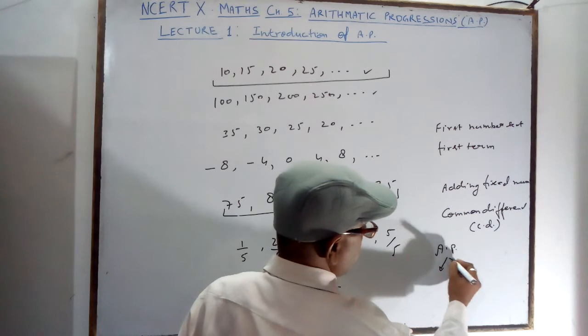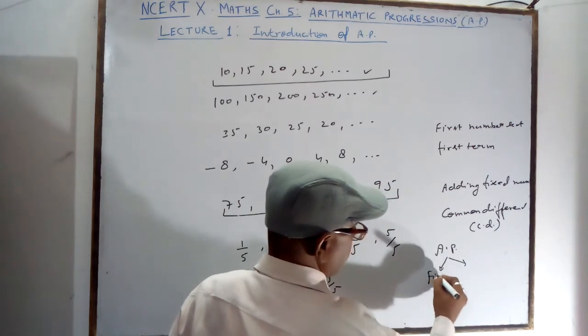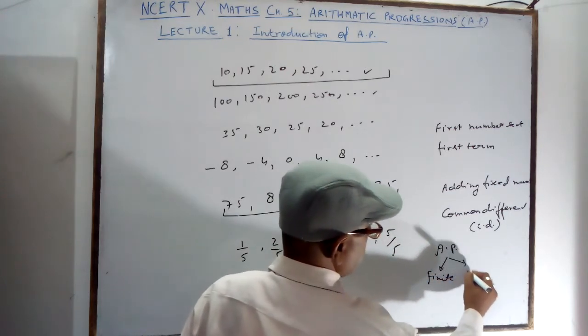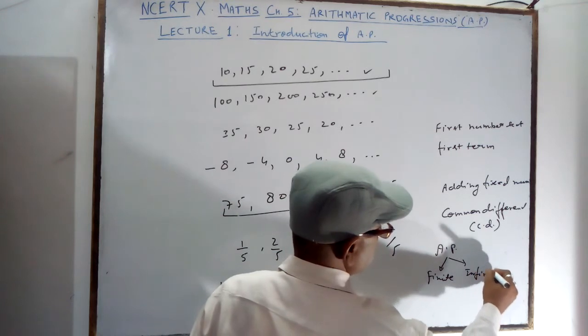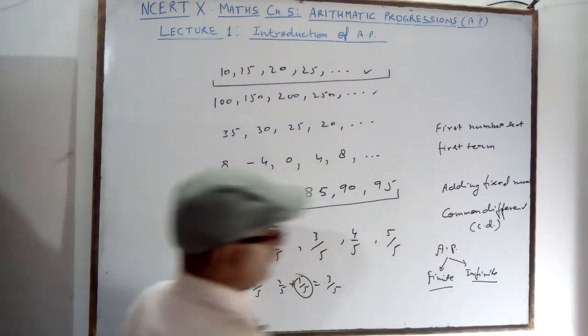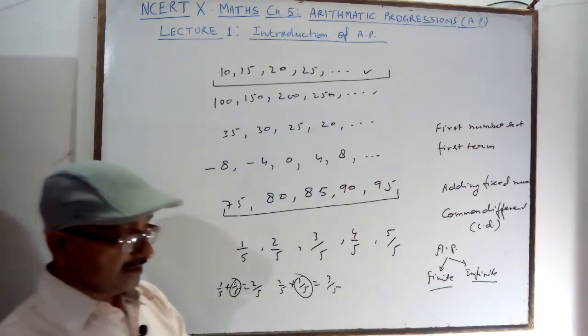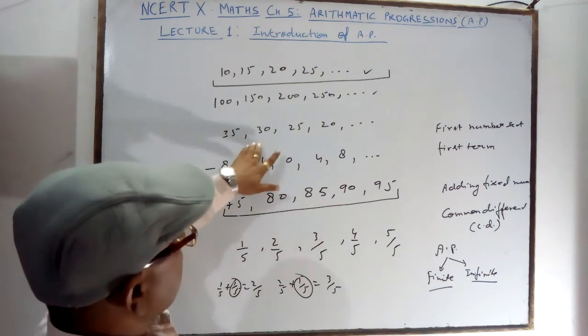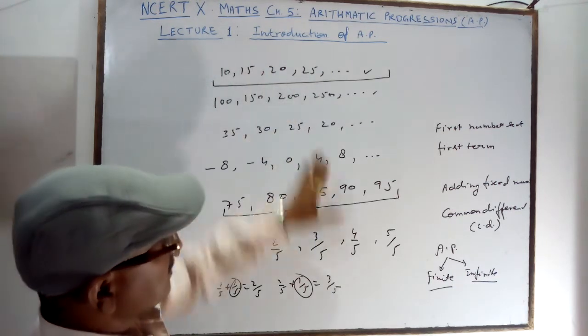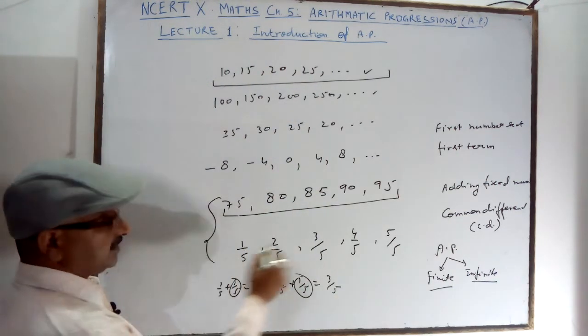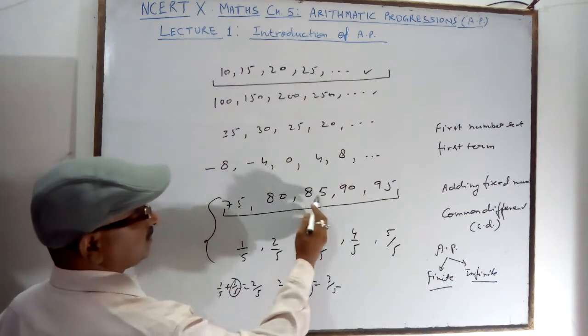There are two types of AP: one is finite and the other is infinite. A finite AP has a fixed number of terms. It is called finite because there are no dots: 1, 2, 3, 4, 5.